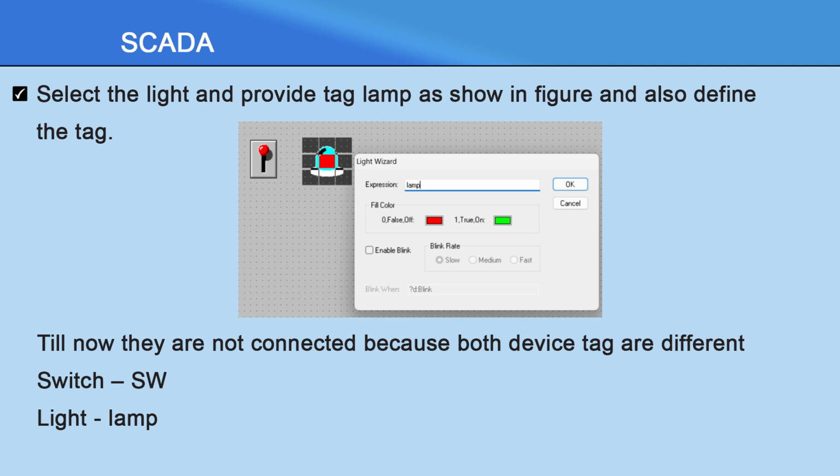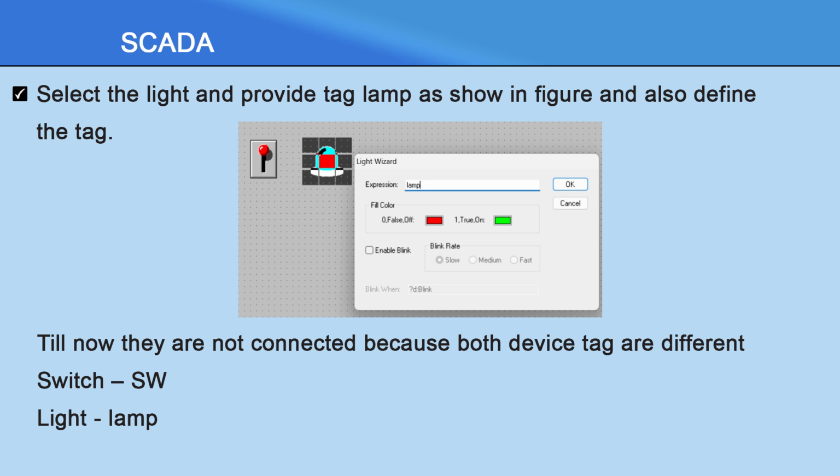So till now they are not connected because the device tag names are different. We are using SW for the switch and lamp for the light indicator. So we are not using the tag system to interlink them. Now we will use the script method to link our light and switch. Got it? So here we have given a different expression for the light, like the lamp.